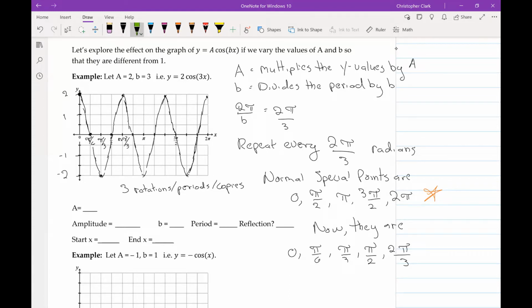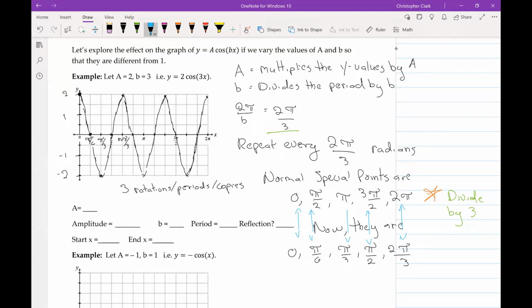We took the period and divided it by 3, so we take all of these and divide by 3. And then they just match up: 0 goes with 0, pi over 2 with pi over 6, pi with pi over 3, 3 pi over 2 with pi over 2, and 2 pi with 2 pi over 3. And that gives us our first piece of the graph, and then we just keep on going.